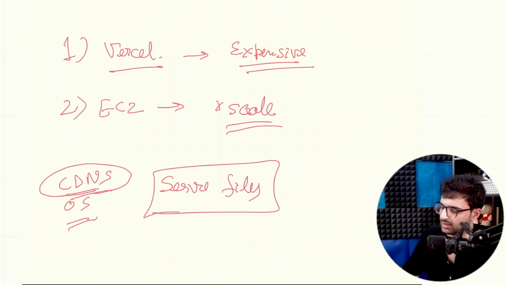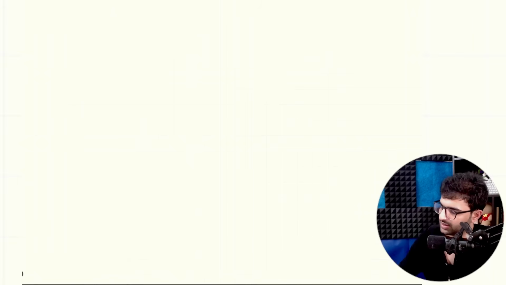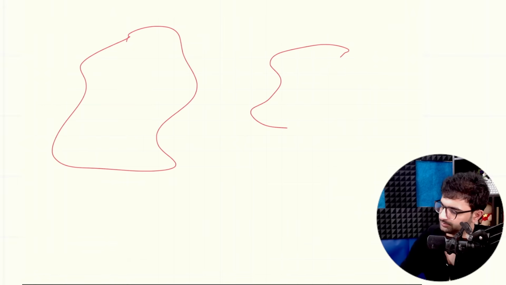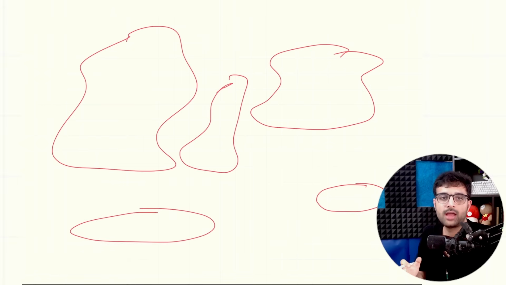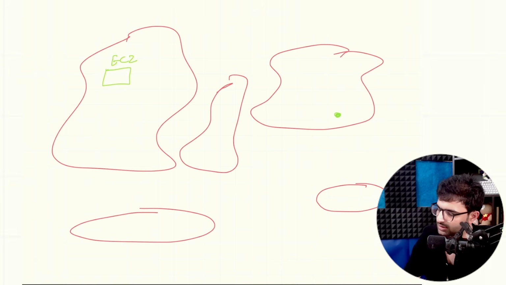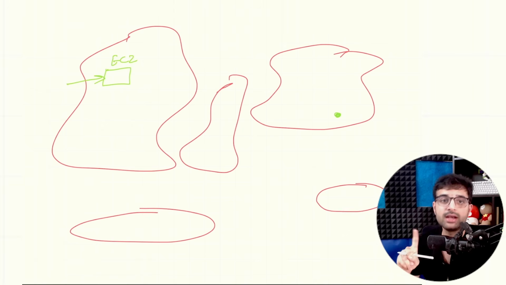The reason is, if this is the world map, and you want a file from some other place, be it an index.html file or an MP4 video file, let's say you are here in India and you want an MP4 file from someplace else. If that MP4 file was hosted on an EC2 machine, this machine exists in one data center.